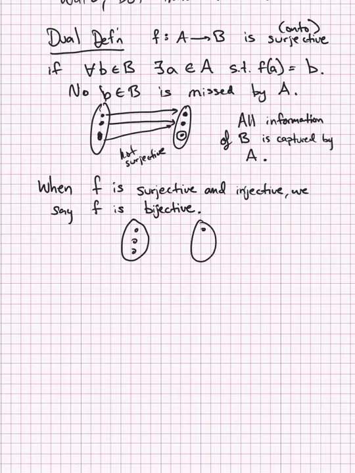You have A and B. There's a way to get every single element of B as some element of A, and in fact, there's a unique way to do that. So a bijective f in some sense permutes the elements of A, or turns them into elements of B, but in a one-to-one way, and you don't miss anything of B.